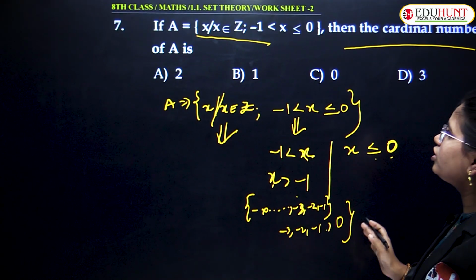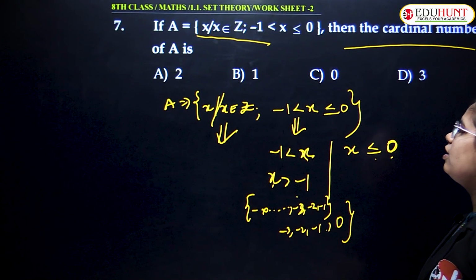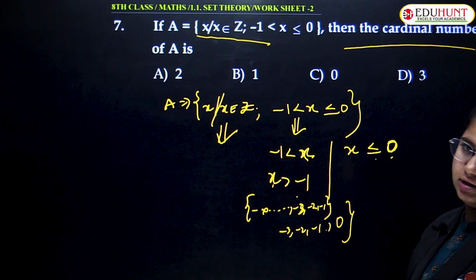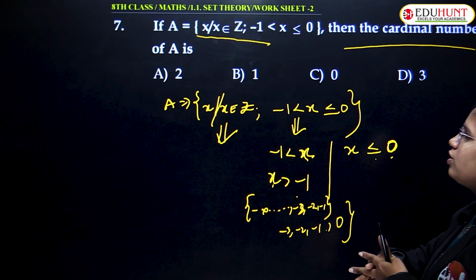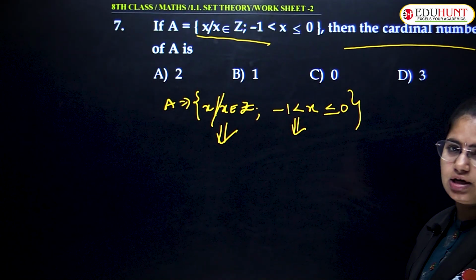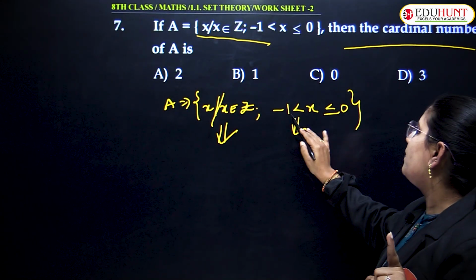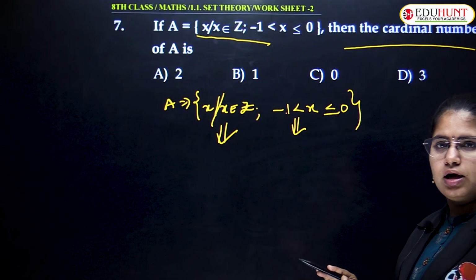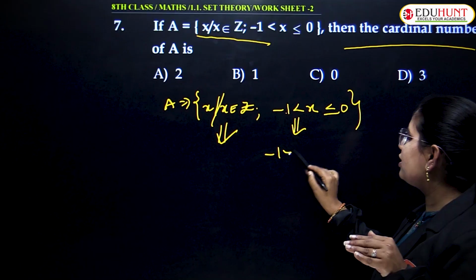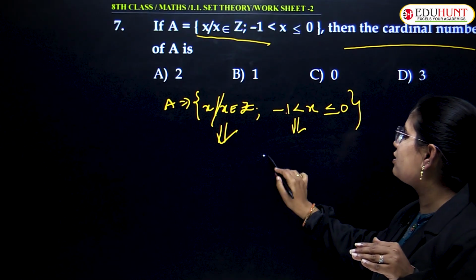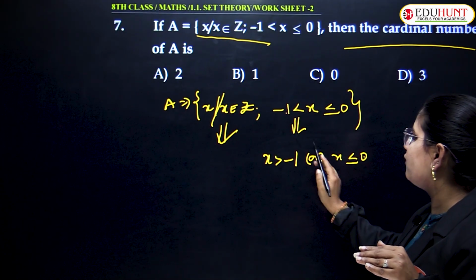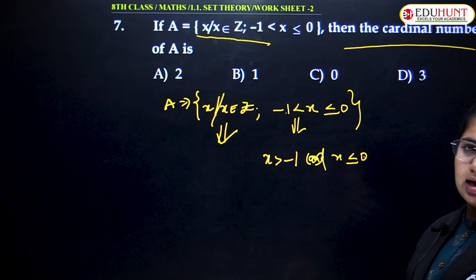If you write them separately you will form infinite numbers, but it should be a combination of such numbers. What I am saying is, x must be an integer, point number 1. Second, x must be greater than -1 and x less than or equal to 0, both must hold. It is not 'or', it is an 'and' statement.